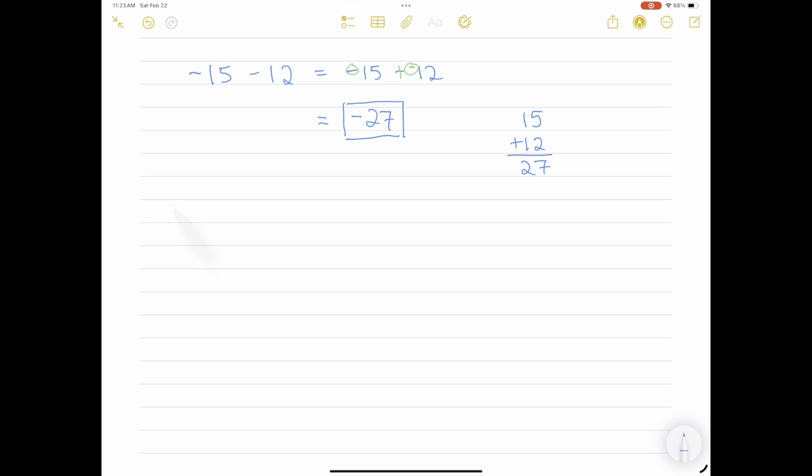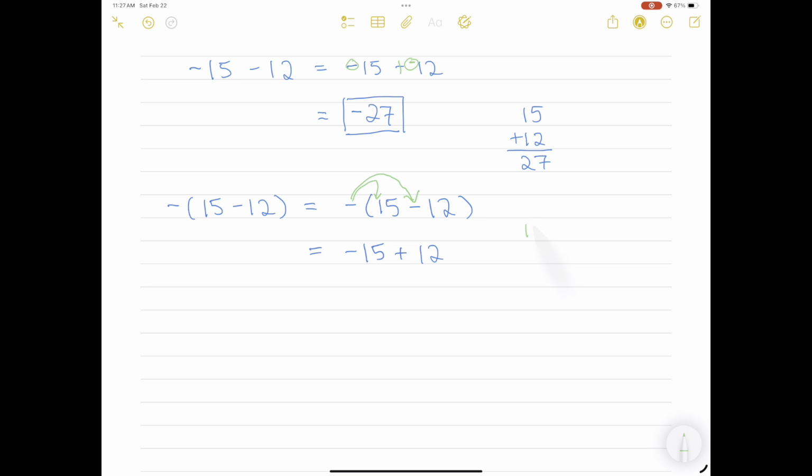Next, I have negative, open parentheses, 15 minus 12, close parenthesis. The negative sign in front of the parenthesis means that I need to change the signs of each number within the parenthesis. So 15 becomes negative 15 and minus 12 becomes plus 12. I remove the parenthesis.